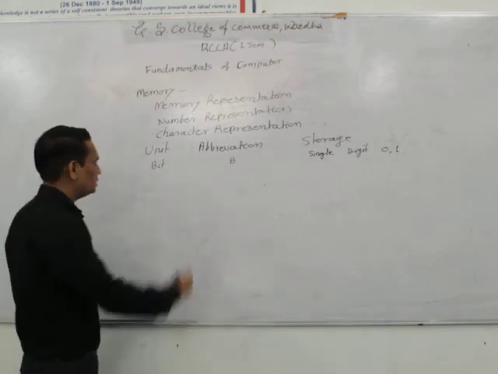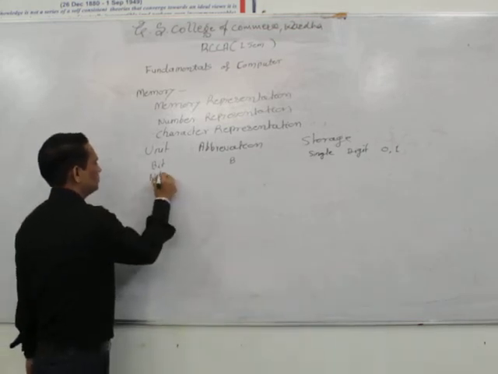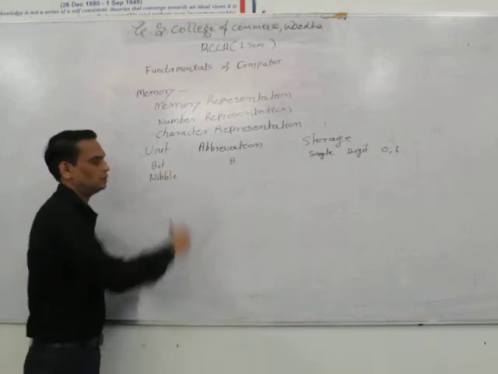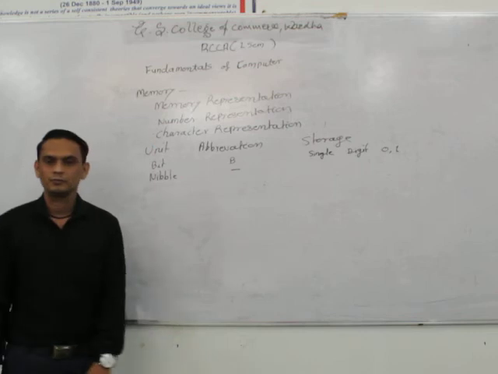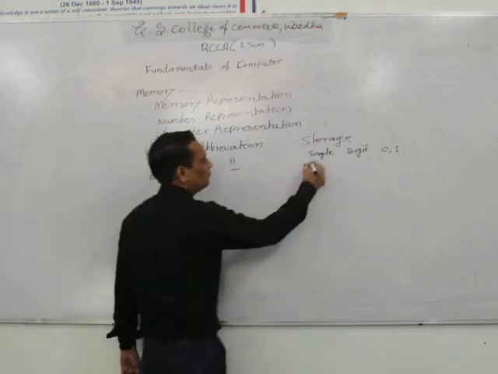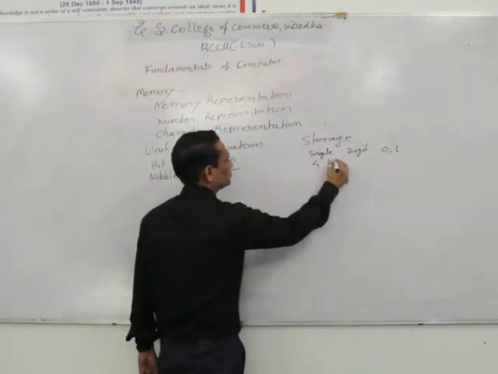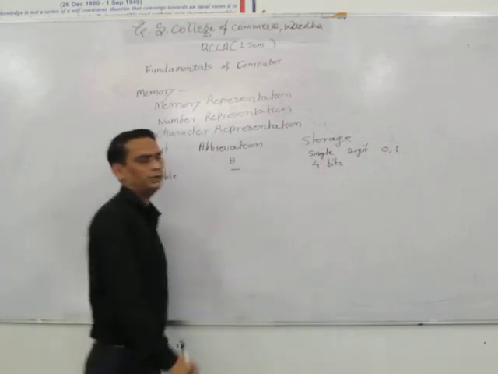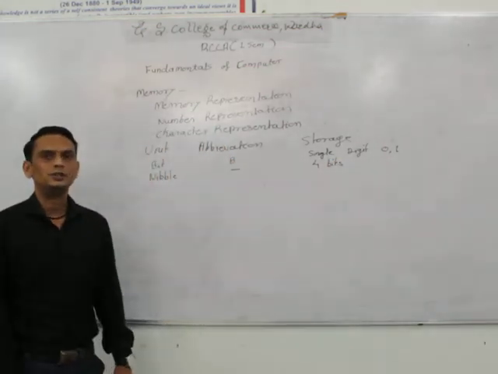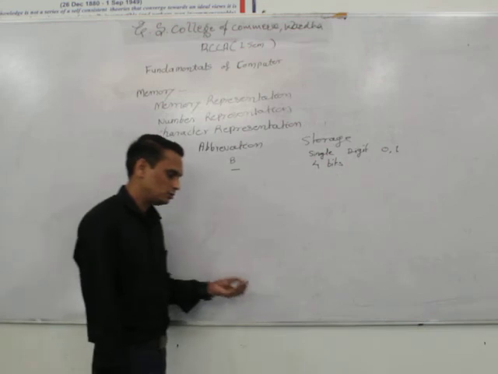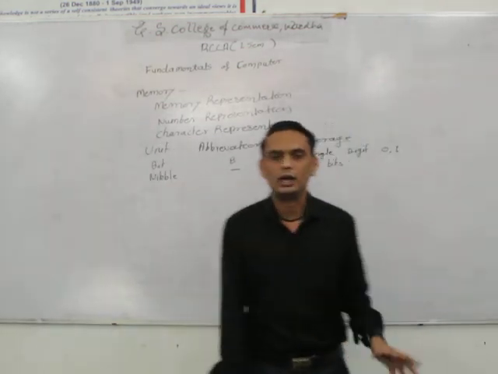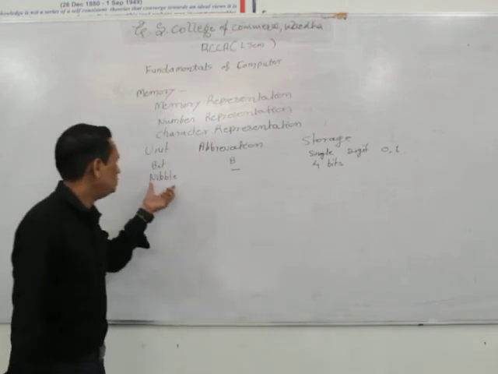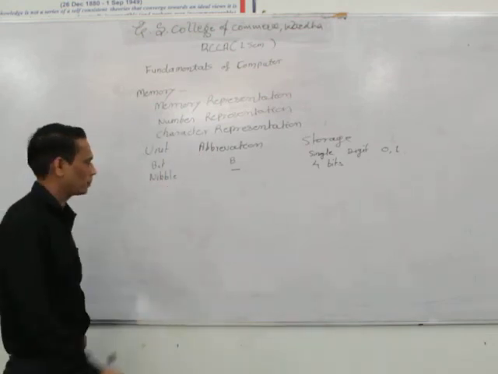Second one is the nibble. It doesn't have any abbreviation. A nibble means 4 bits. When our computer system is a 4-bit system, meaning the data will be converted into 4 bits, that time the nibble is used.